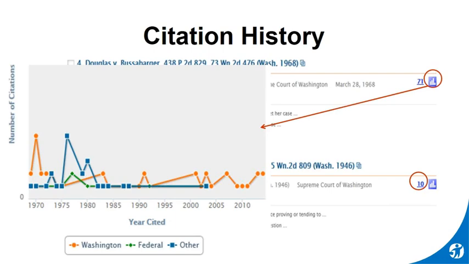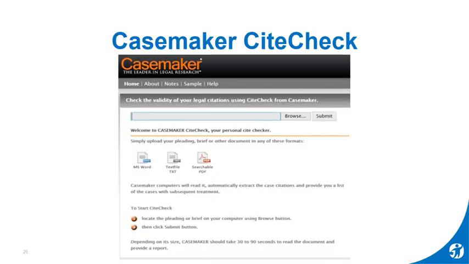And then the lower numbers will usually just be 1. But if you click on that dot, it will list out the different cases in that year and give you some information about them. And while it's not completely detailed, I really do like that it separates out the jurisdictions for the federal and the Washington. And the other would probably just be any other state, or maybe an article that has cited that.